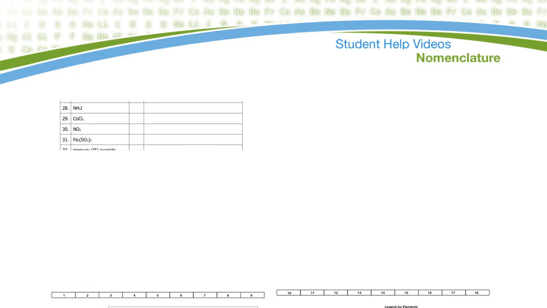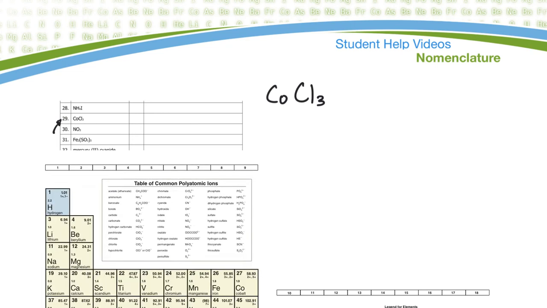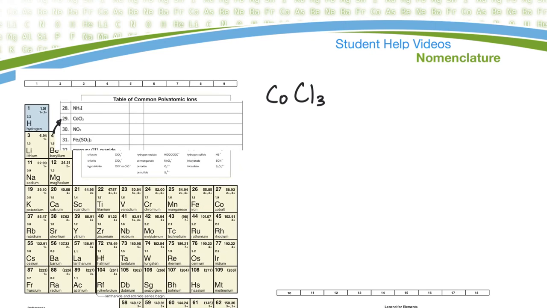One other question that somebody had questioned my answer key, and I think there's 2 or 3 answers in the answer key where I initially wrote them wrong, but I've left them wrong just to sort of keep people honest. This one's CoCl3. So this is cobalt chloride, but I have to check to see whether cobalt's a 1 plus or a 2 plus, or a 3 plus in this case.